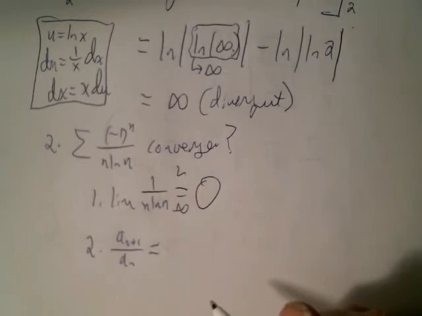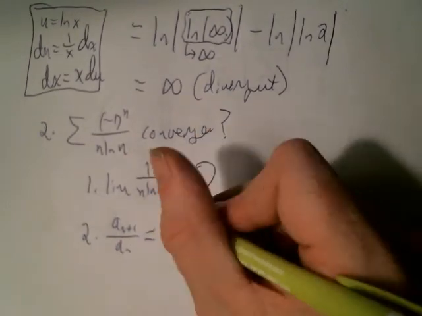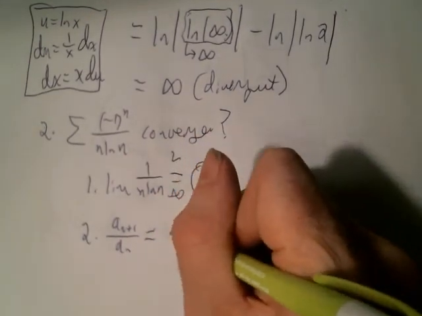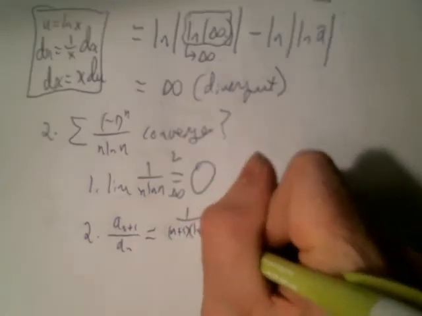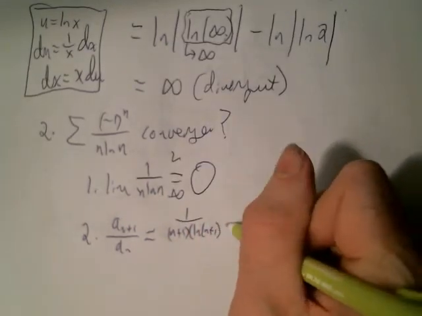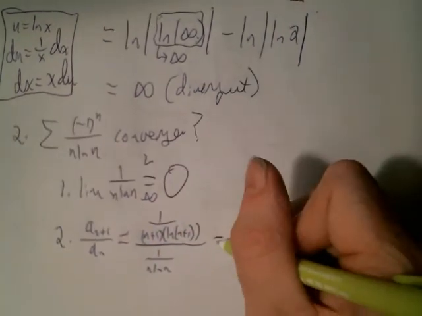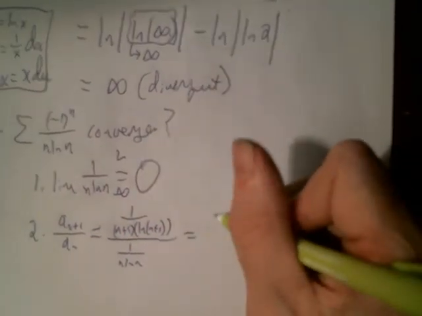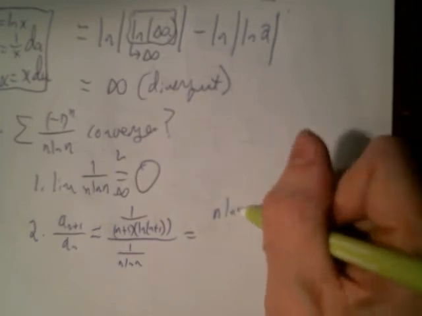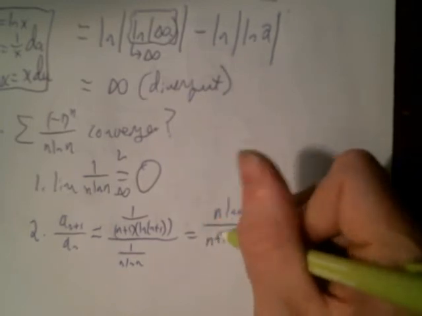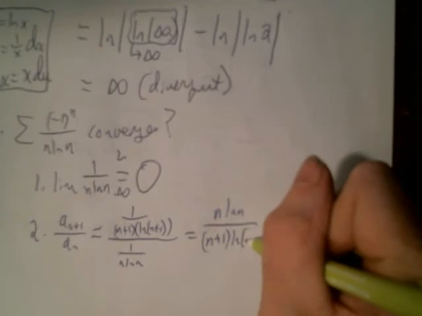I'm a little wary about that, so I'm going to try this and see what happens. 1 all over n plus 1 times ln of n plus 1, all over 1 all over n ln n. That will end up being n ln n all over n plus 1 times ln of n plus 1.